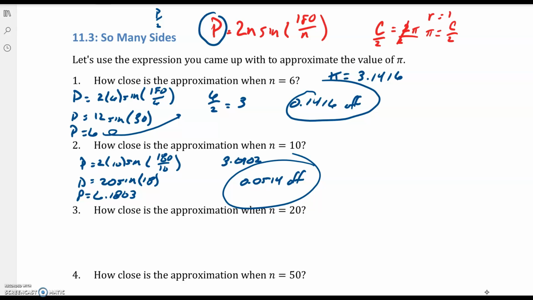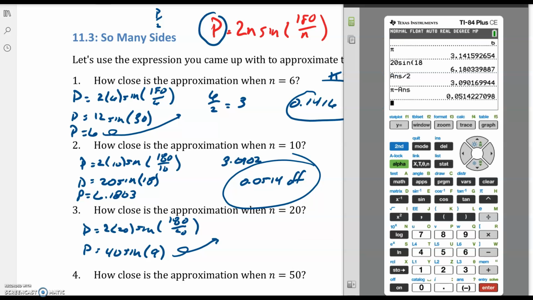How about if the number of sides is 20? So the perimeter is going to be 2 times the 20 times the sine of 180 divided by 20. So the perimeter is going to be 40 times the sine of 180 divided by 20, which is 9. Back to my calculator. 40 times the sine of a 9-degree angle.